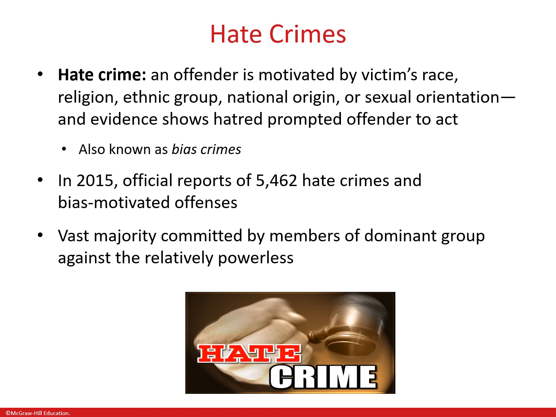The government considers an ordinary crime a hate crime when the offender is motivated by one or more of these characteristics. In 1990, Congress passed the Hate Crimes Statistics Act and started to tabulate the motivation behind some of these crimes.